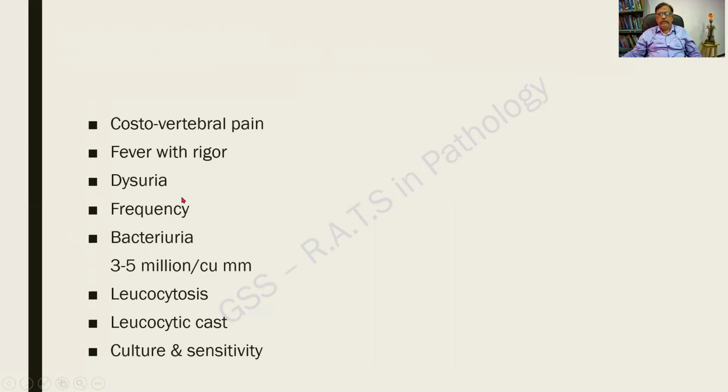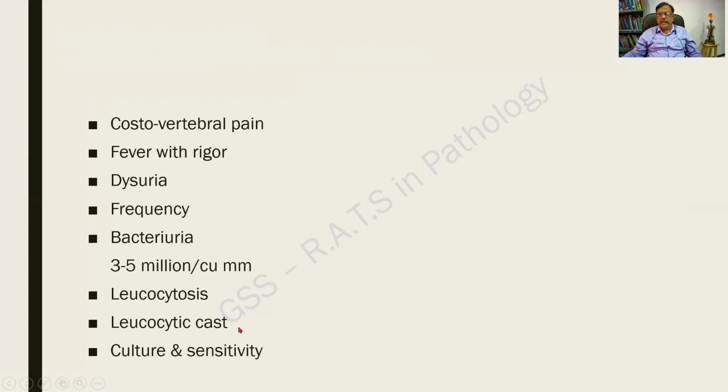Dysuria, a painful urination. Frequency of urination is also there because of irritation of the mucosa. Bacteriuria means the number of bacteria that you people can see. In the case of UTI or in a pyelonephritis, it will be 3 to 5 million per cubic millimeter. Neutrophilic leukocytosis can be there.